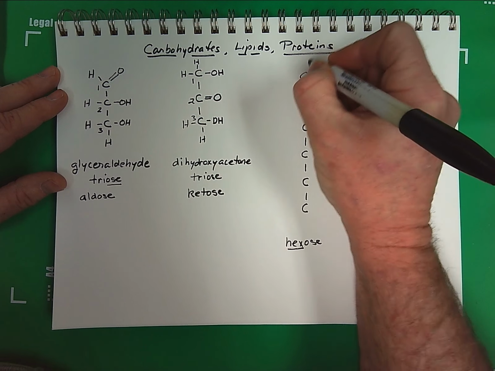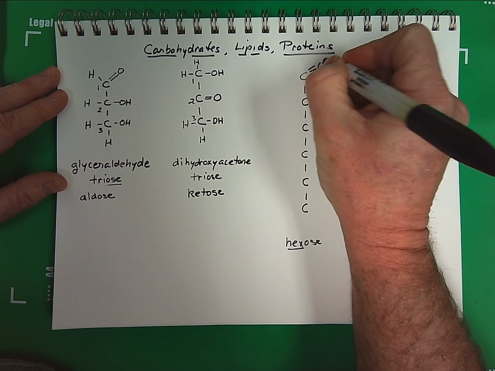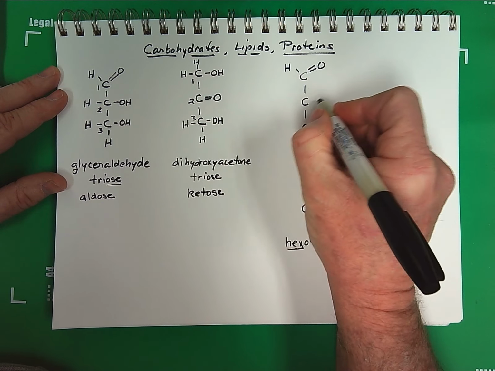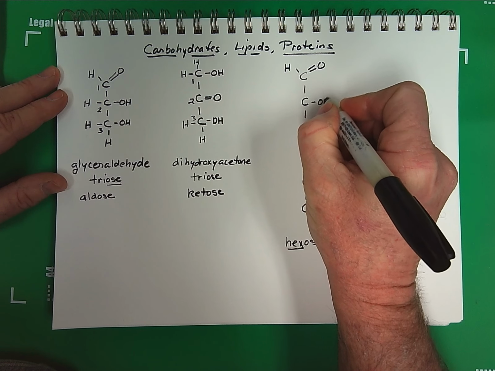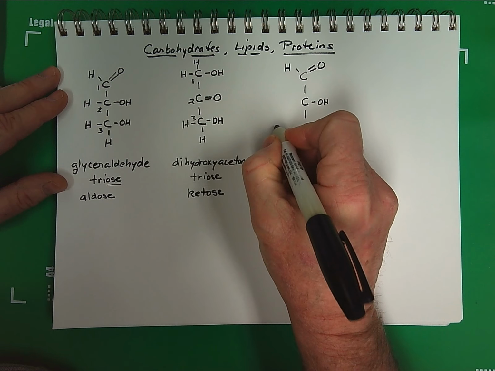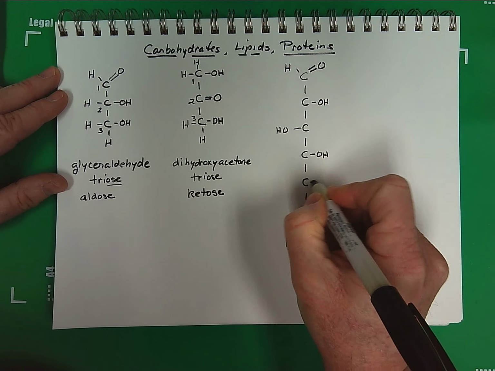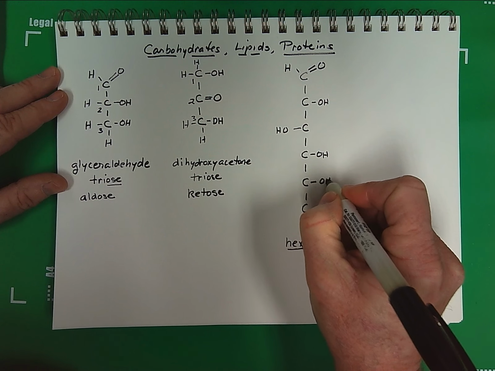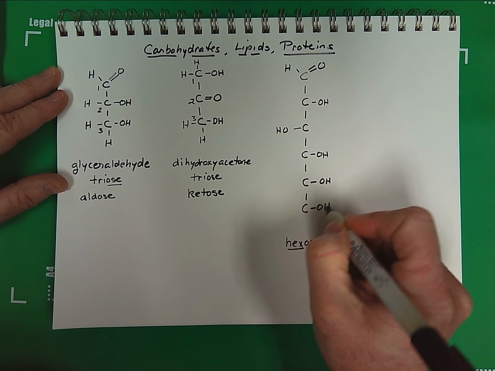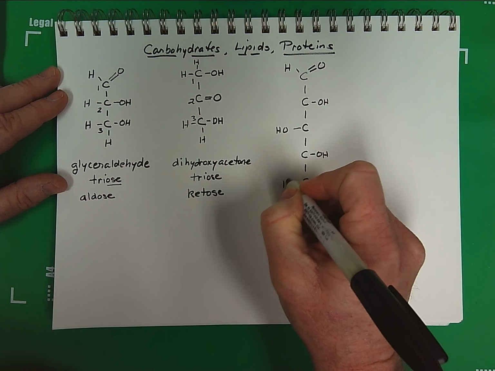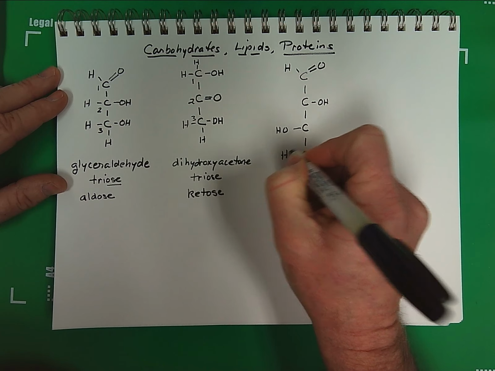So the first structure we're going to look at is an aldose structure. We have an aldehyde group on the number 1 carbon. Now in this structure we have hydroxyl groups coming off each of the carbons, and fill in our remaining bonds with hydrogens.